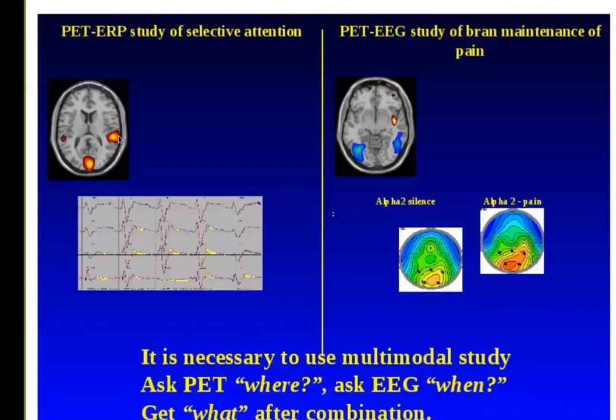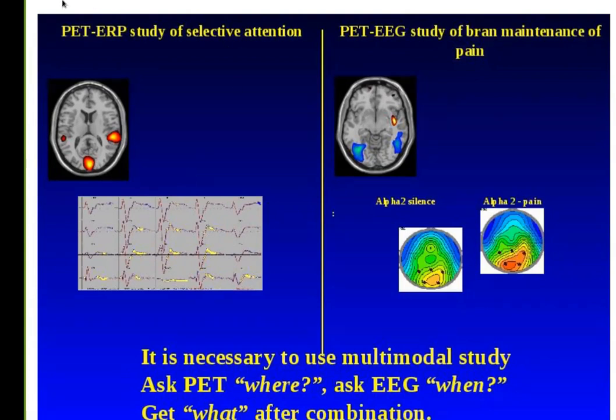And it may be informative when we combine several methods, EEG and MRI or PET methods. These are structural methods which show the structures of our brain, and EEG is a functional method which shows activity and the balance between excitation and inhibition in the brain.